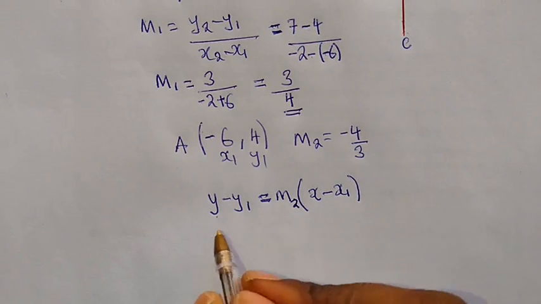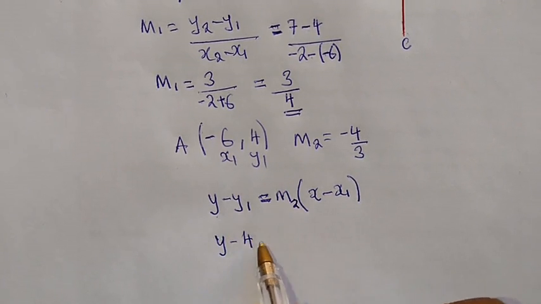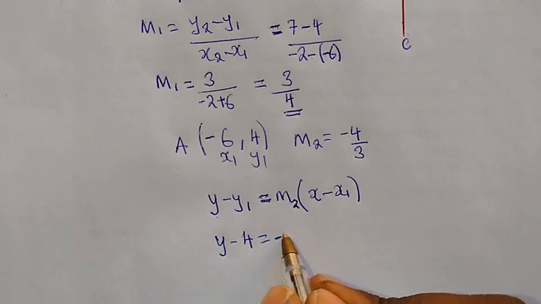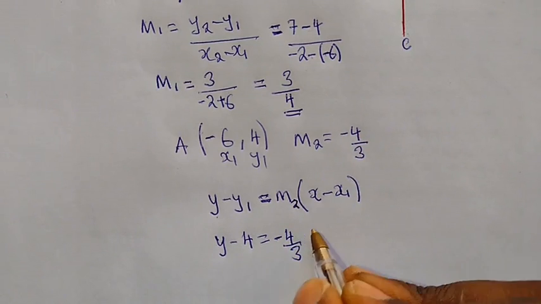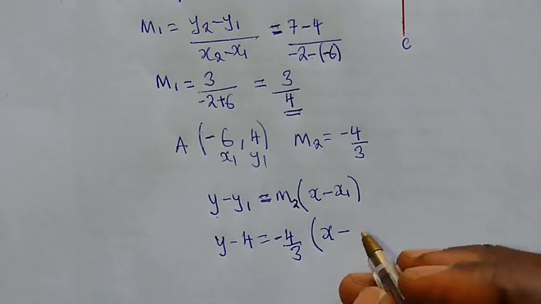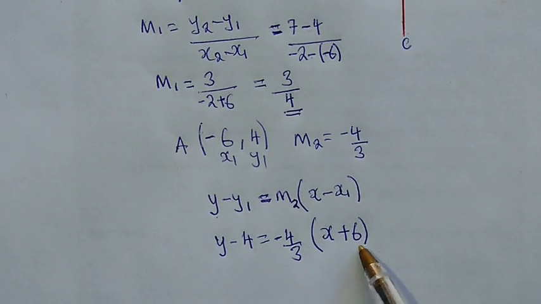So we need to substitute. Where there is y, this will remain the way it is. Y minus y1, which is a 4, is equal to m2, the gradient for line 2, which is negative 4 over 3, open bracket, x minus x1, which is negative 6. This will be a positive 6 because negative times negative is positive.